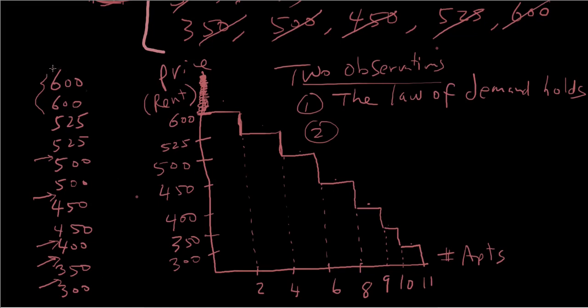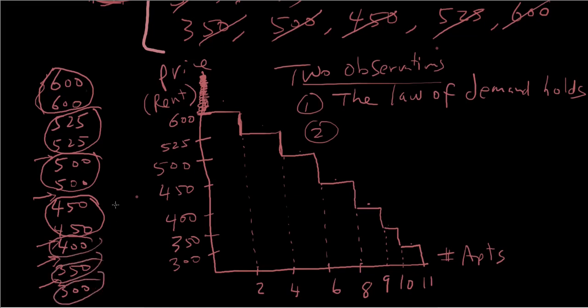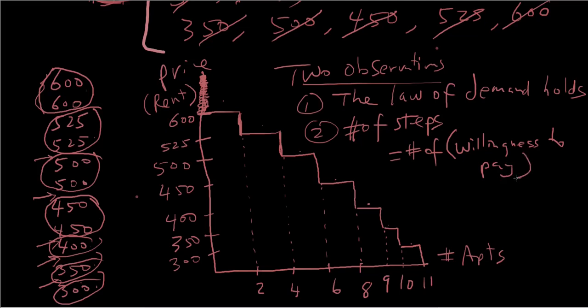If you group them by their willingness to pay, we have 1, 2, 3, 4, 5, 6, 7 distinct groups. So the number of steps is the same as the number of different types of buyers in terms of willingness to pay. That happens all the time.